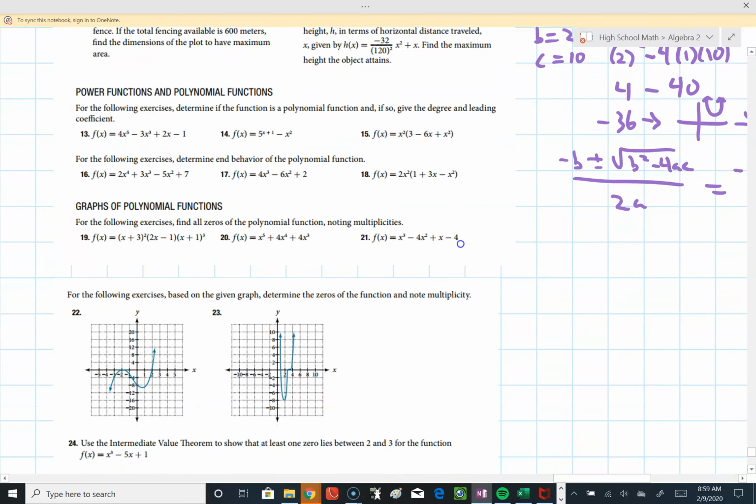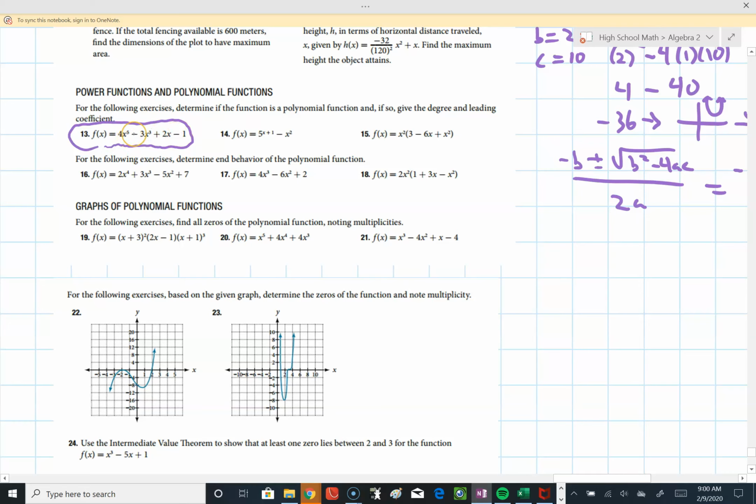All right. Looking at 13 through 16, it says, determine if the function is a polynomial. I won't ask you to identify a polynomial, but it's a polynomial when it's something like this. We have terms. Poly means many.